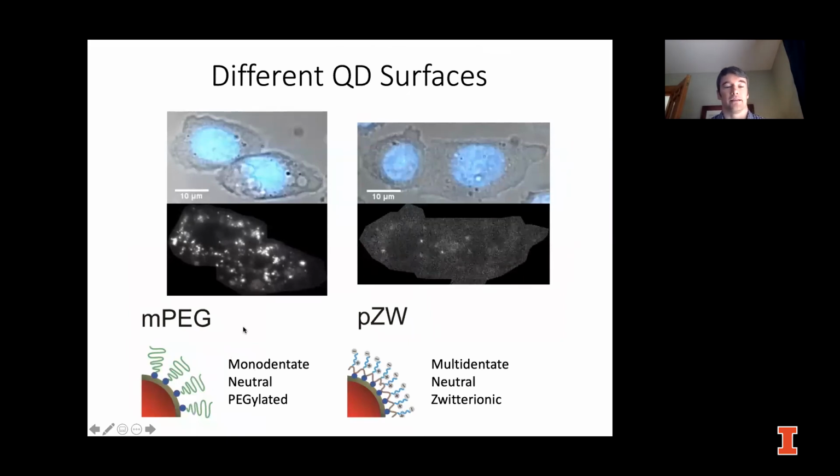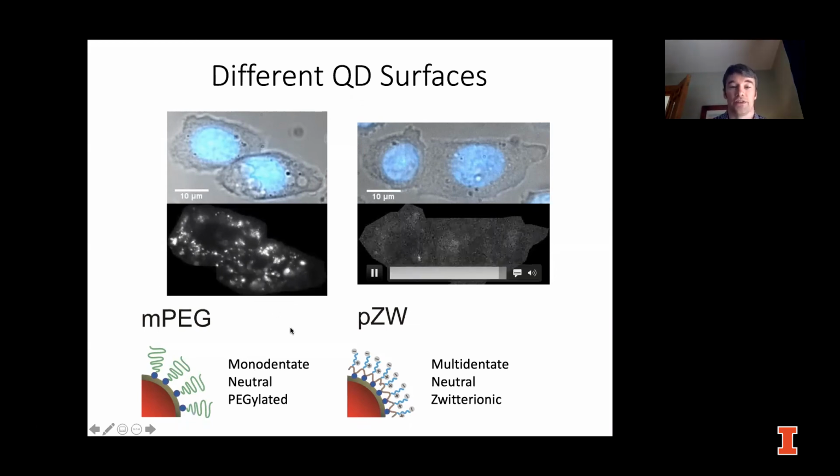And so what we saw is that when you take the same materials, same sizes, but you just change the physical properties, from properties that are neutral to ones that are neutral with a net zero charge because they're zwitterionic, you get a very different outcome. What's shown on the left here is a weakly bound ligand that's neutral. And on the right here is a strongly bound ligand that's also zwitterionic.